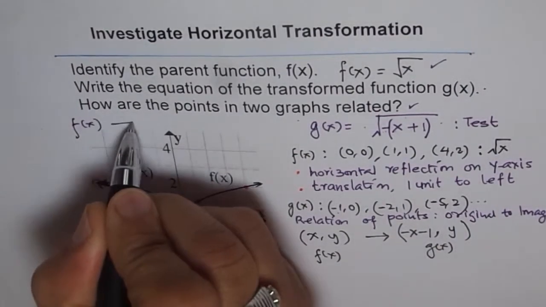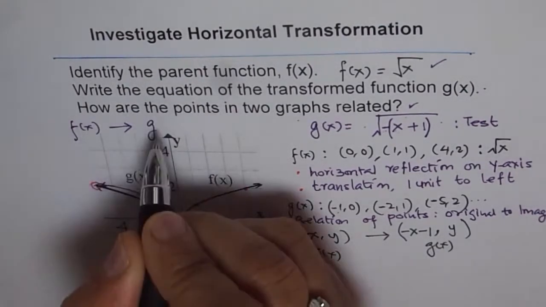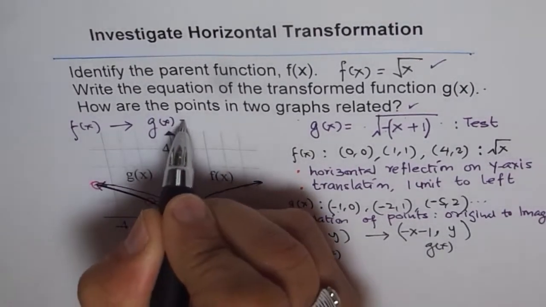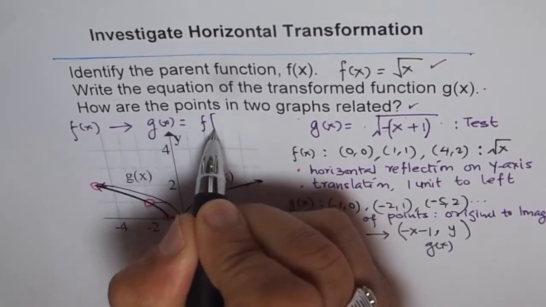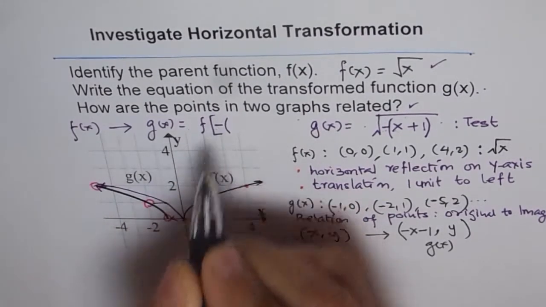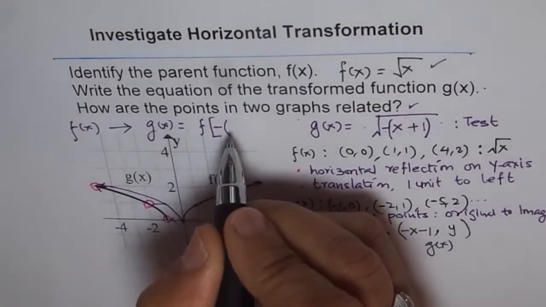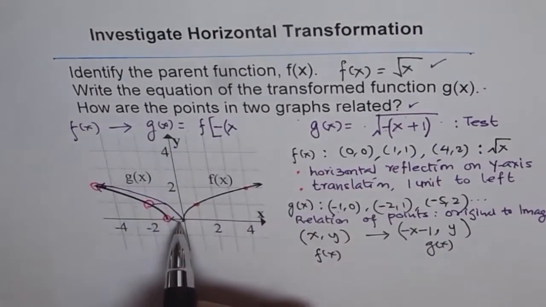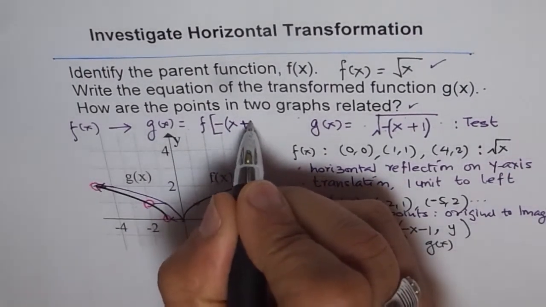Let's say a function is f of x, and the change of this function which will reflect it, g of x, could be written as f of, nothing happens outside, but inside we have minus. This minus makes the reflection, and inside x, and since it is moving leftwards, we write x plus something, p, for example.